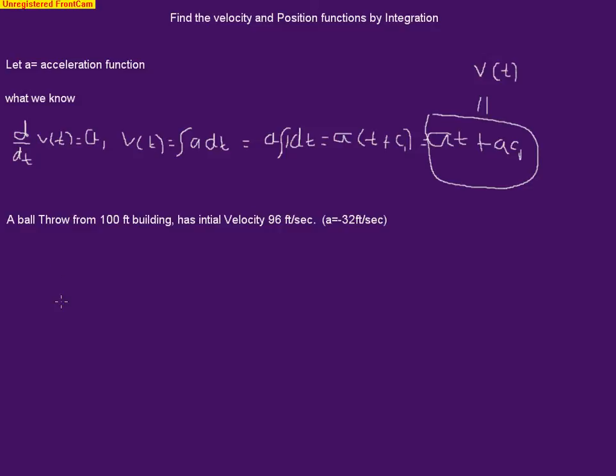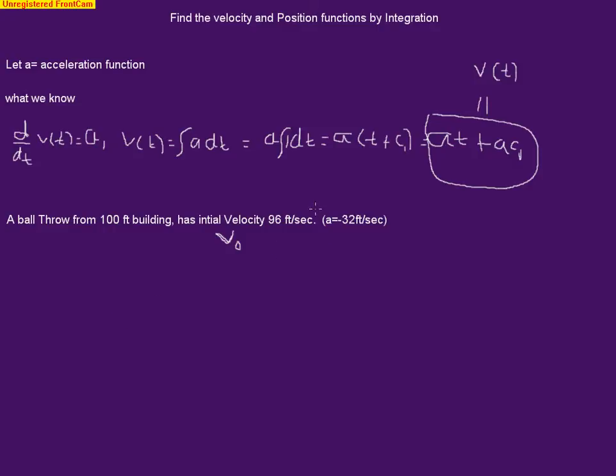Alright, let's look at an example. A ball thrown from a 100 feet building has an initial velocity of 96 feet per second. So the initial velocity is v0.